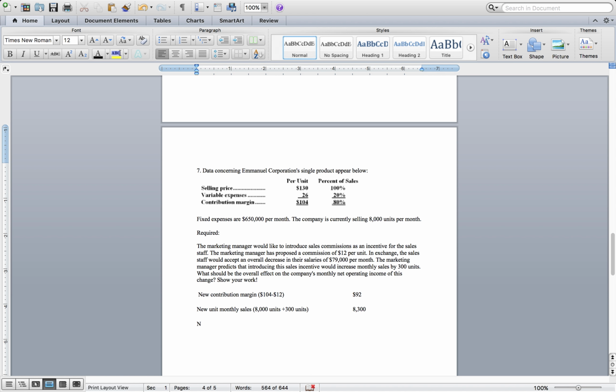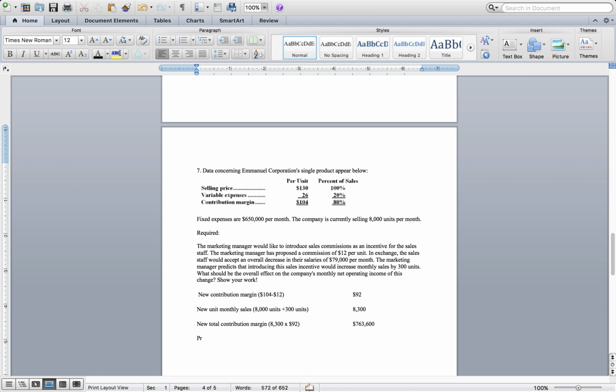So what is your new total contribution margin? To get the new total contribution margin, take the 8,300 and multiply by the $92. When we do that, that'll be 763,600.